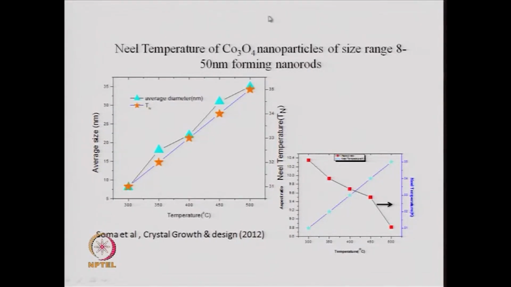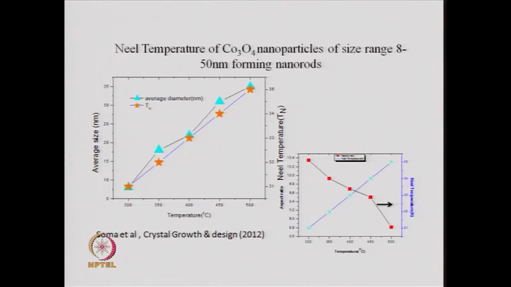So, it is around 40 Kelvin for micron sized particles, much larger, and for nanoparticles, as you are decreasing the size of the particle, the Néel temperature is decreasing. The decrease is gradual, because from 35 Kelvin it goes to 31 Kelvin when the size of the particle is decreased from 35 nanometers to around 7 nanometers. So, that is the change in the Néel temperature with particle size.